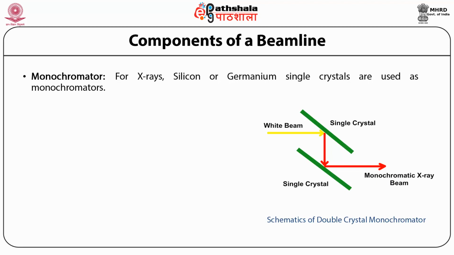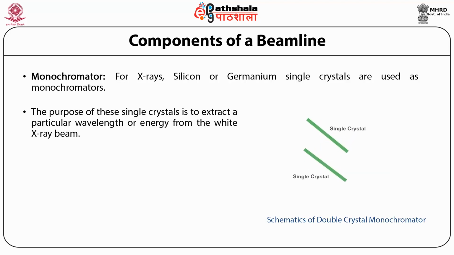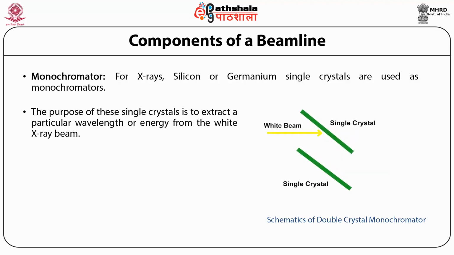For X-rays, silicon or germanium single crystals are used as monochromators. The purpose of these single crystals is to extract a particular wavelength or energy from the white X-ray beam.